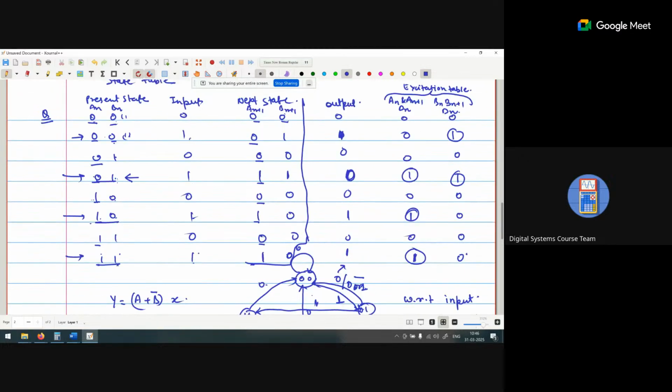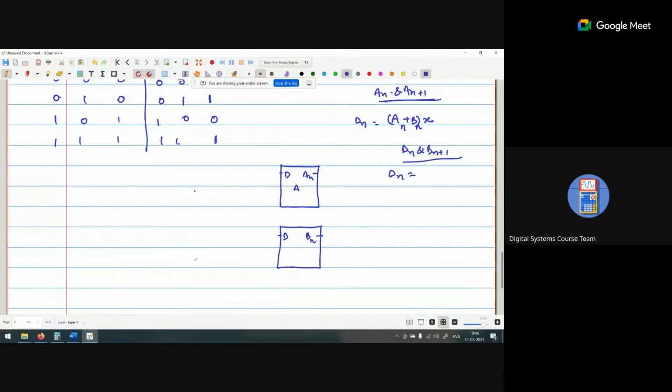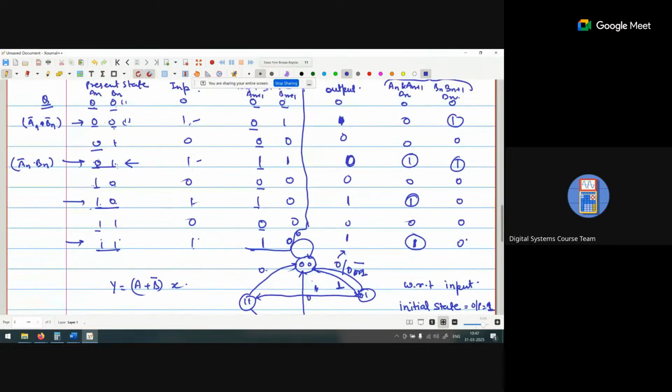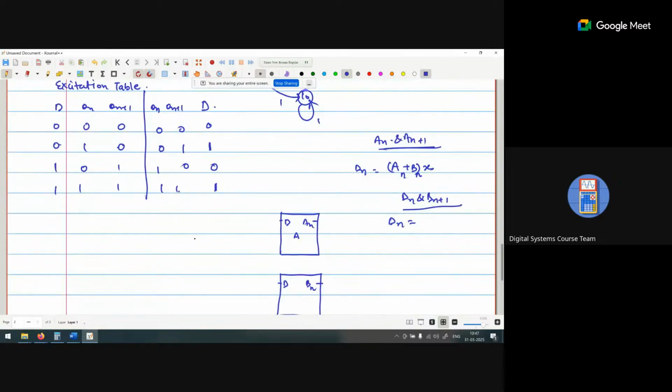So that condition is An bar plus Bn bar, An bar Bn bar, and this condition is An bar Bn. Multiply with the x. So An bar I can take as a common. So that is simply the An bar multiplied by the x. This is for D.